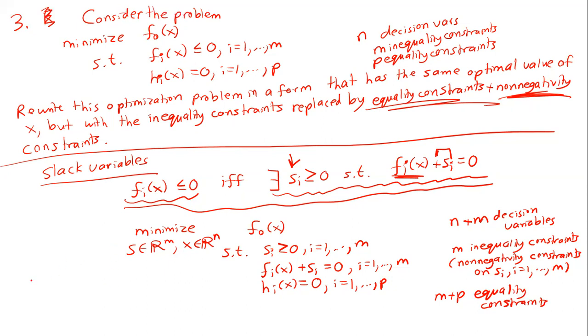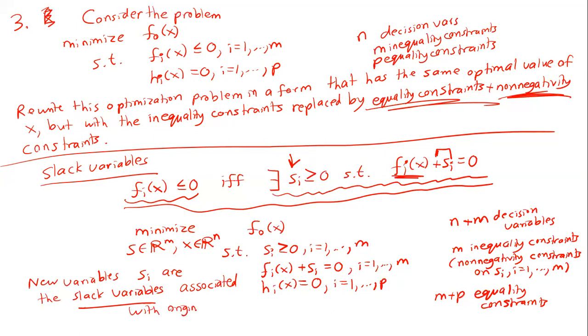The new variables si are the slack variables, and they're associated with the original inequality constraints, fi of x less than or equal to 0.